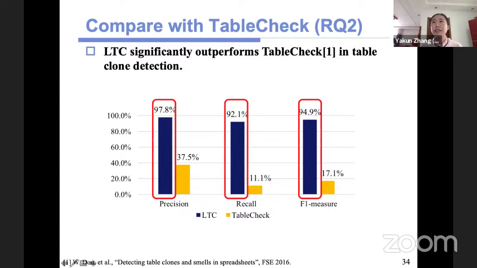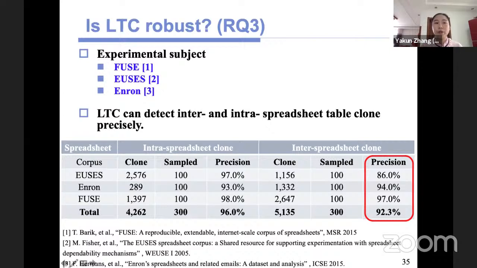And the third evaluation is to evaluate whether our approach is robust in different corpora. We also evaluate our tool on different corpora, within one spreadsheet and among spreadsheets. And this is my answer.